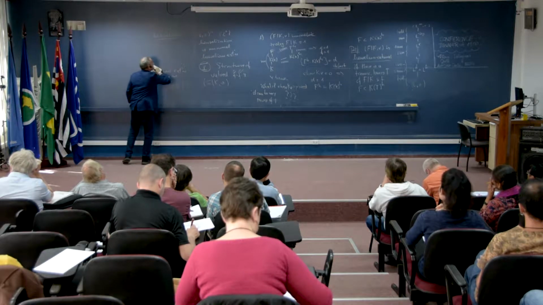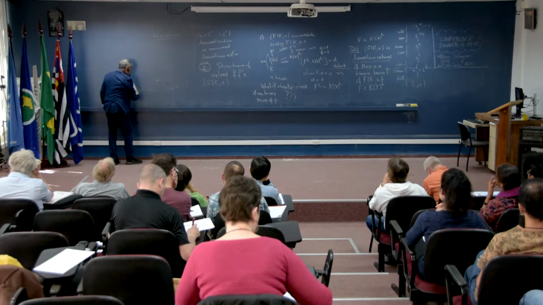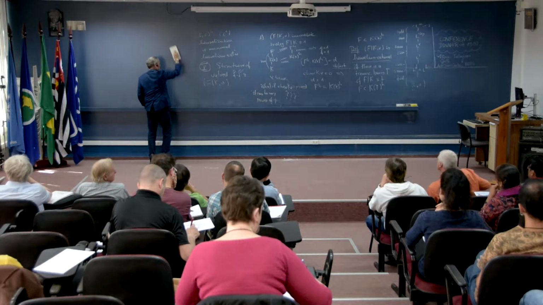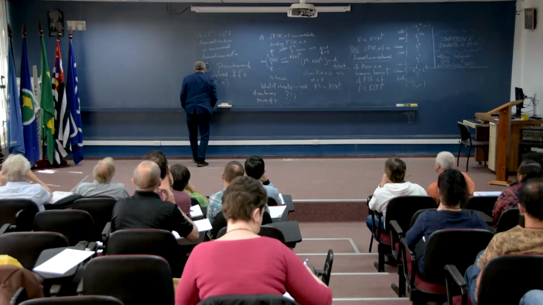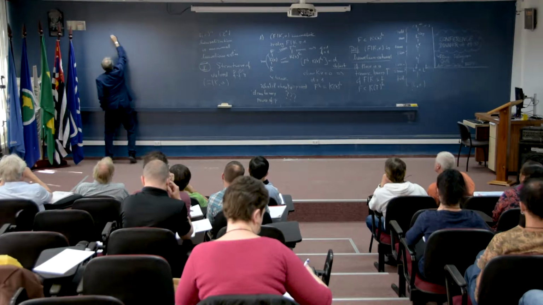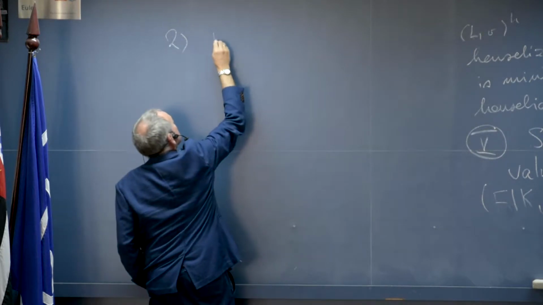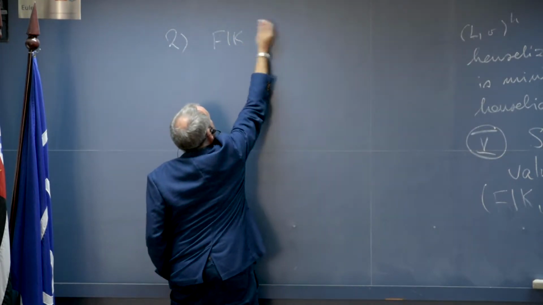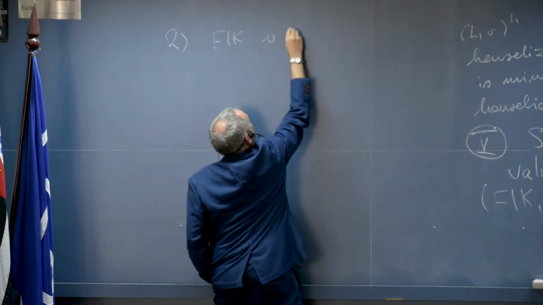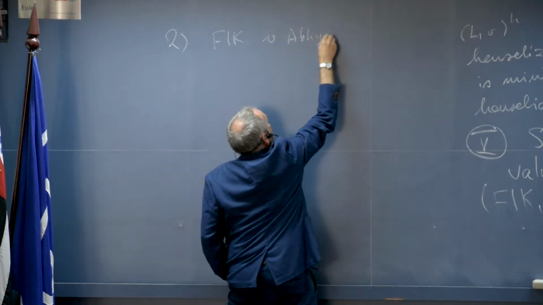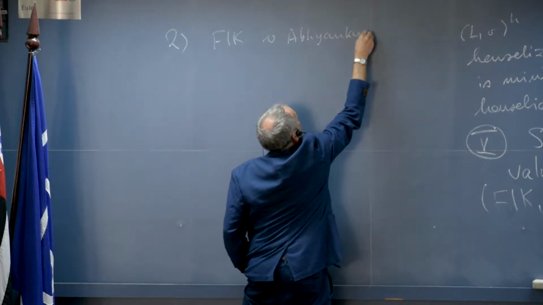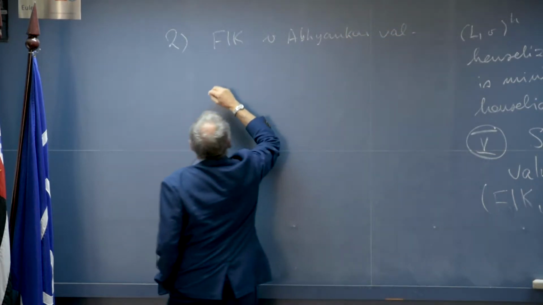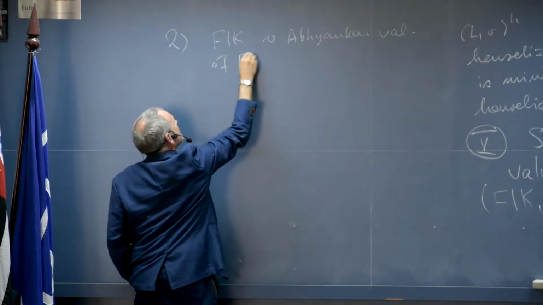So, as I told you, the case somewhat complementary to immediate is the case of Abhyankar valuations. And now let's look at this special case, F over k, algebraic function field, V an Abhyankar valuation of F over k.